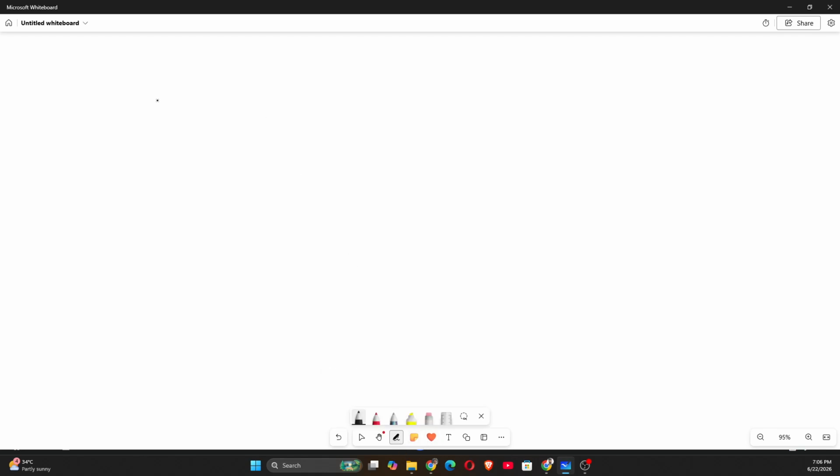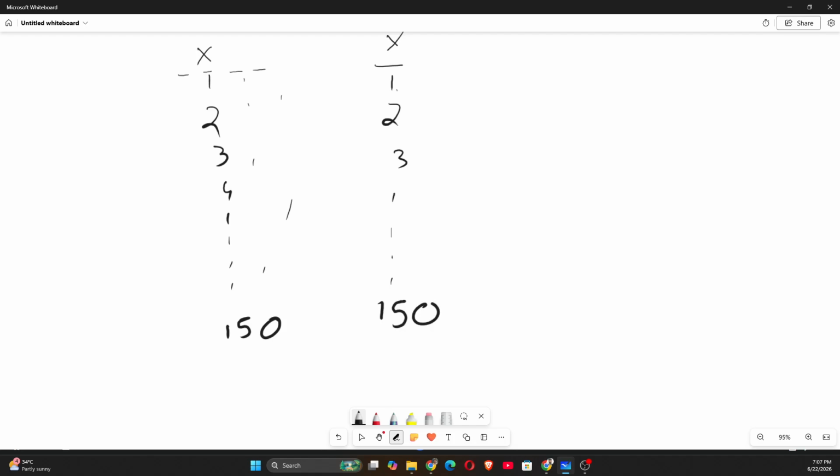Our data set had values from 1, 2, 3, 4 till 150. For X, petal length, petal width, sepal length, sepal width, all 4 will be like this. Y would be species, that also from 1, 2, 3 to 150.